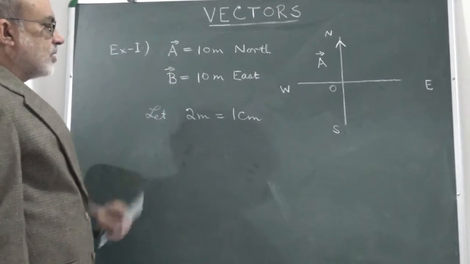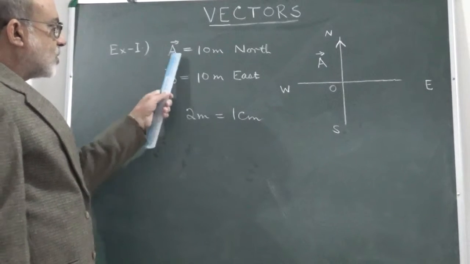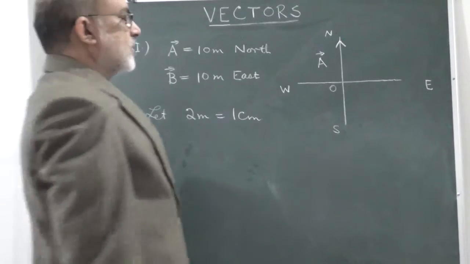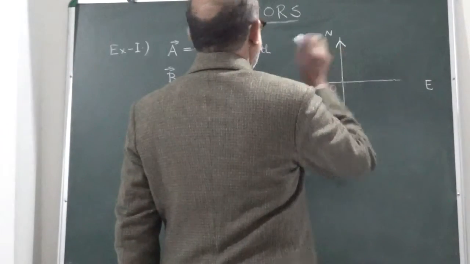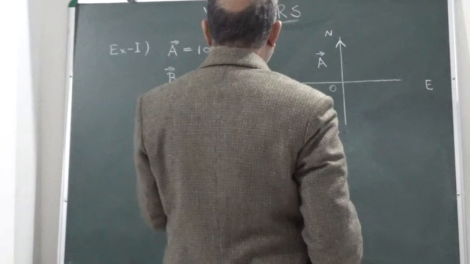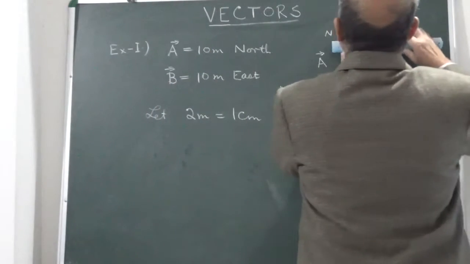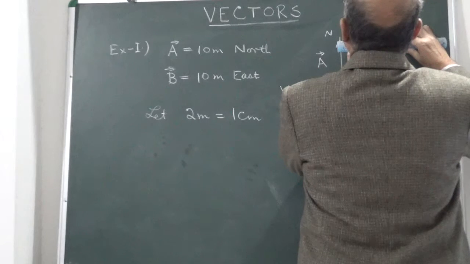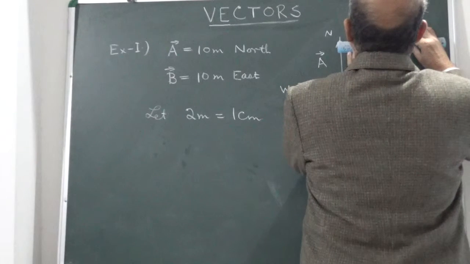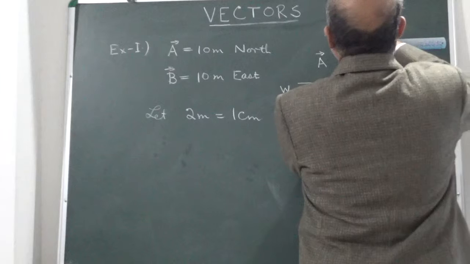Now B has to be added to A. So it starts from the head of A, in the direction along east. So it's again a 5 inch line along the east side.